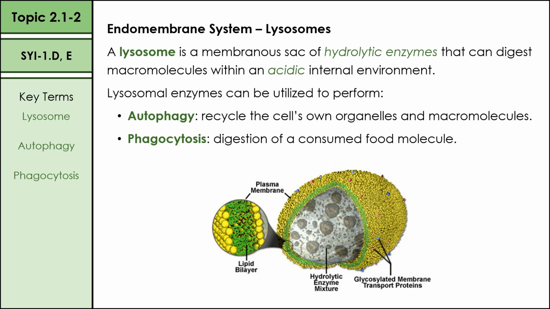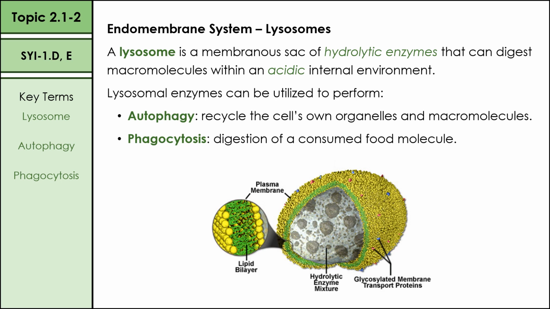So we call these enzymes hydrolytic. You may recall the term hydrolysis from the previous unit, which is the term we use to refer to the reaction by which we break down polymers into their monomer parts. So we actually break down our macromolecules within the lysosome.